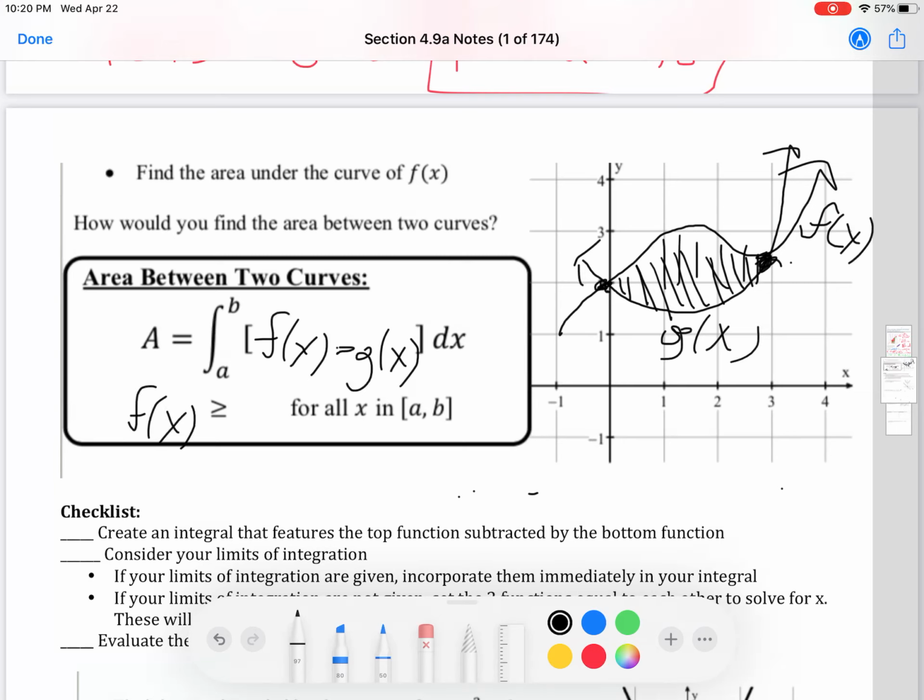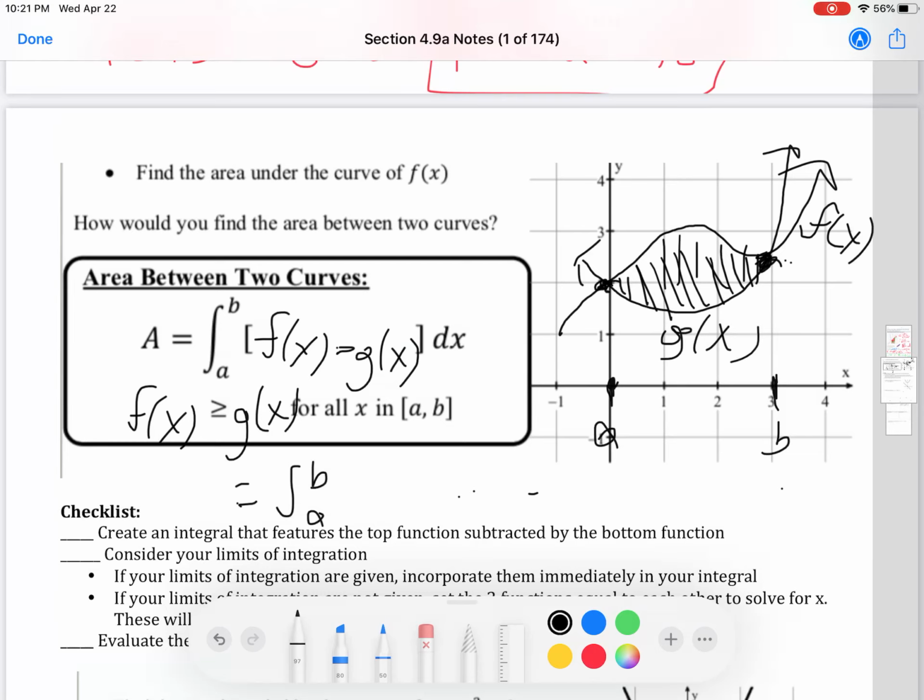And we must assume that f of x is greater than or equal to g of x. What some people do to help set up their integral is look at their a to b, so that's our a, and that's b, the x-coordinates of the endpoints of the area between the curves.